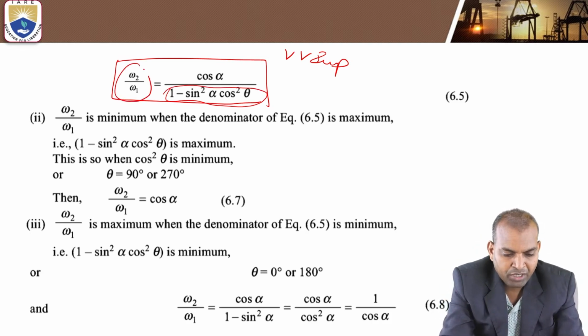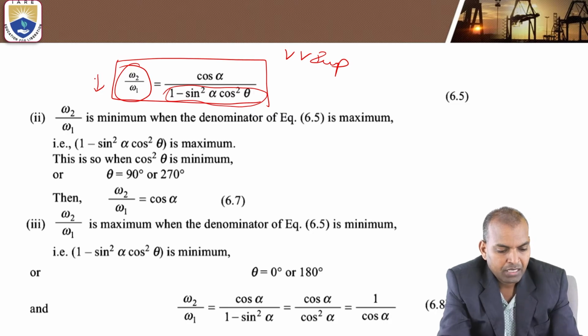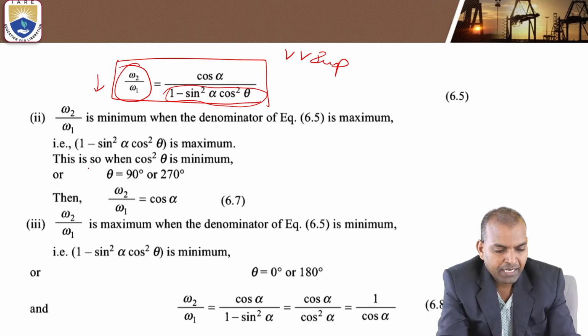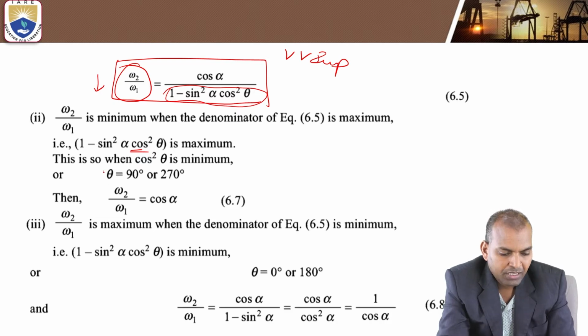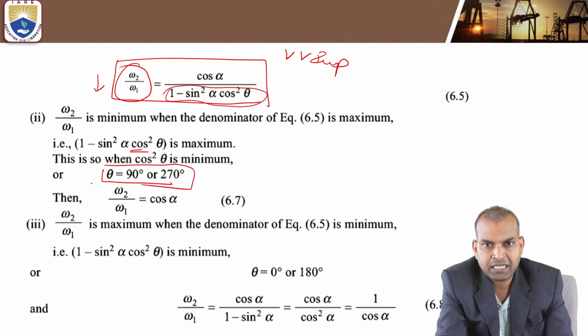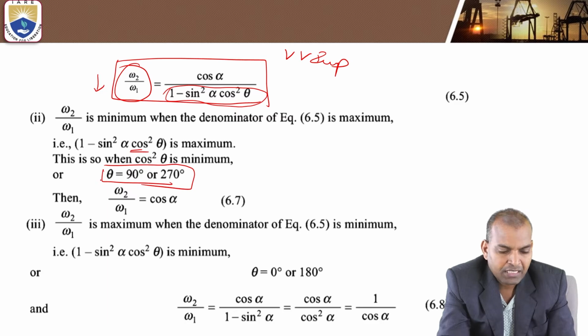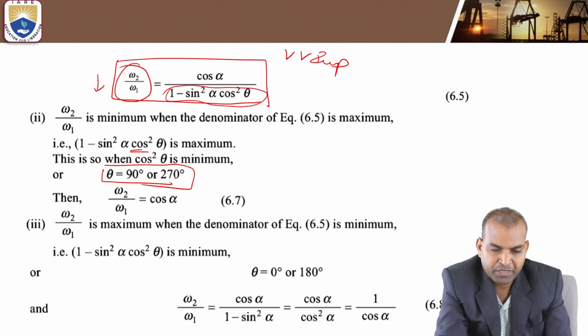When it becomes maximum, cos square theta should be minimum. Theta should be either 90 degrees or 270 degrees. When theta equals 90, cos theta becomes 0, and when theta equals 270, cos theta also becomes 0.